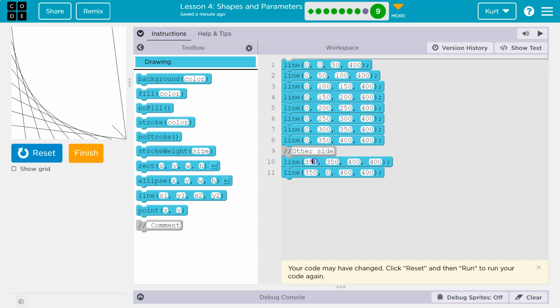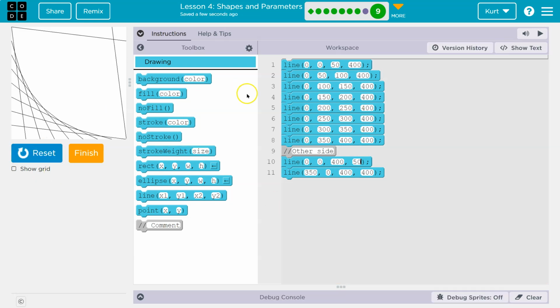But where would it end? Well, where does their 0, 0 end? It ends at 50, 400. But we're flipping this, right? Because we're starting on the Y and headed towards the X. So to do that, we're going to need this at 50. Nope, we're going to need to flip them. 400, 50, I think. Okay, that's looking good. It's hard to tell right now, but let's keep going.